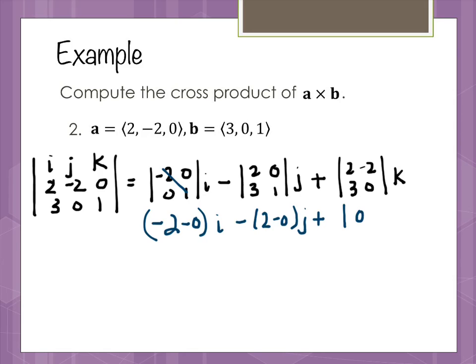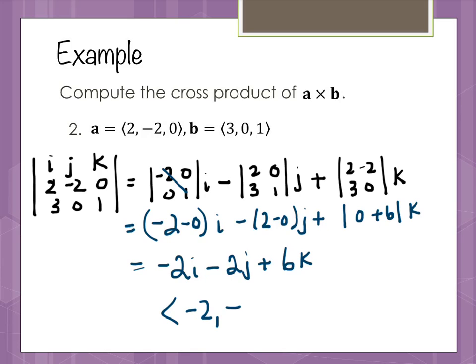This one's actually going to give me 0, and that's going to be minus a -6. So this would be plus 6 times k. And we're going to simplify. So this gives me -2i minus 2j plus 6k. Or you can write it in component form, because we were given the problem in component form, if you prefer. -2, -2, 6. Either way is fine.